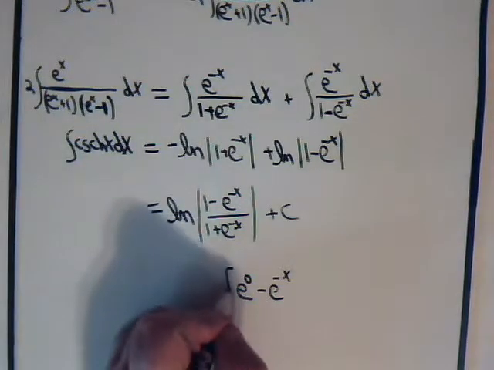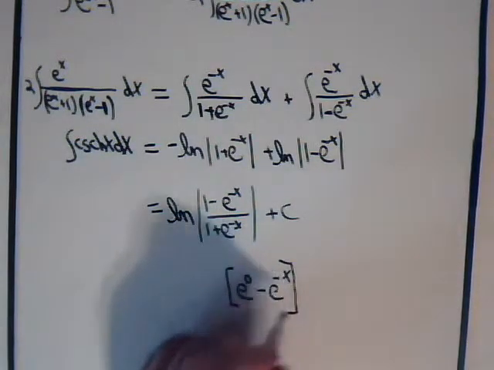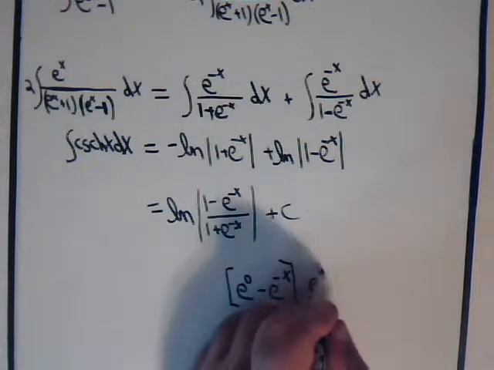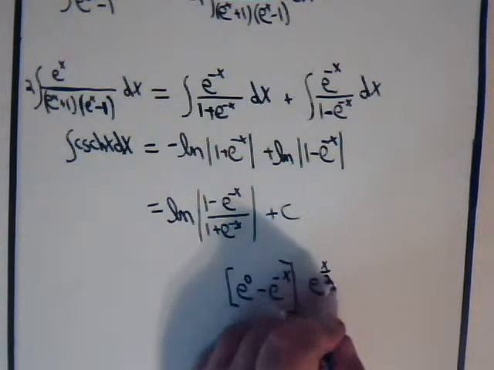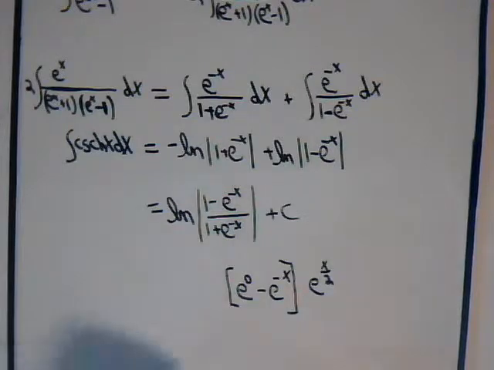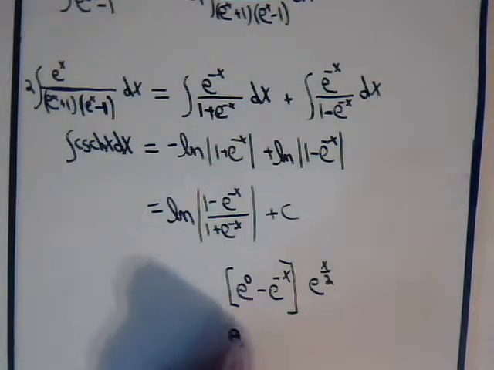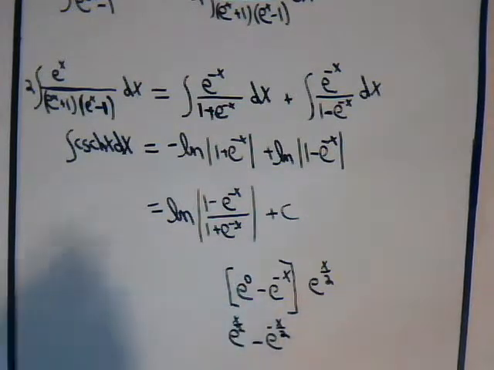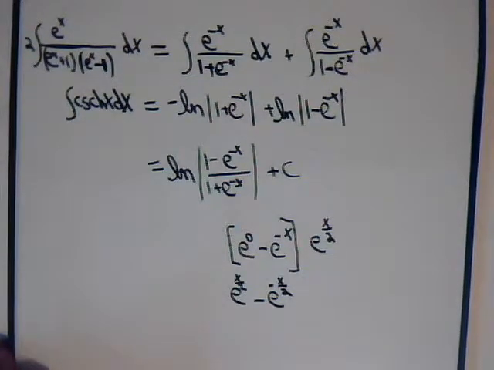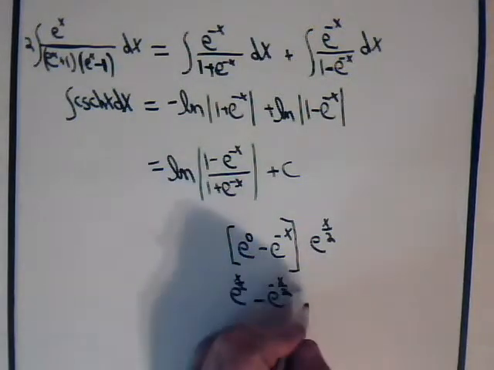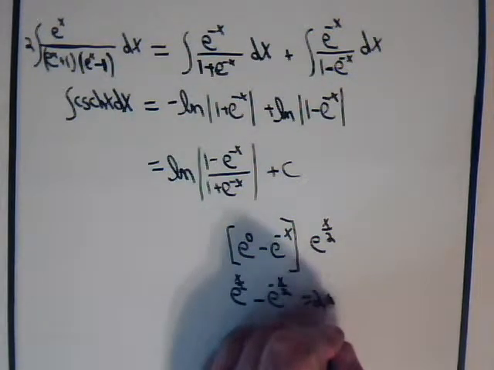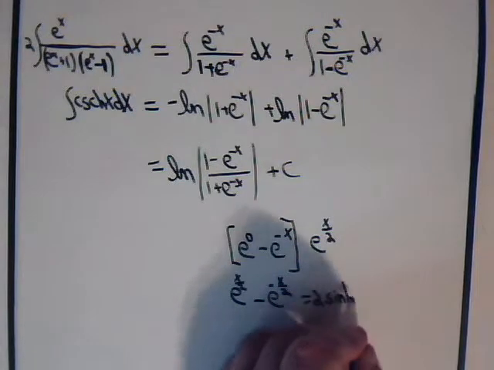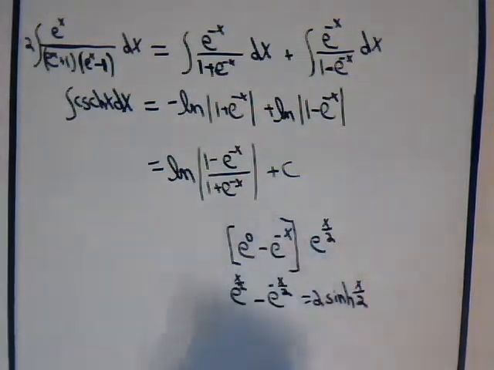But if we multiply this by, say, e to the x over 2, then this would give us e to the x over 2, subtract minus x plus x over 2, that's e to the minus x over 2, and that's not the hyperbolic sine, but that is 2 times the hyperbolic sine of x over 2.